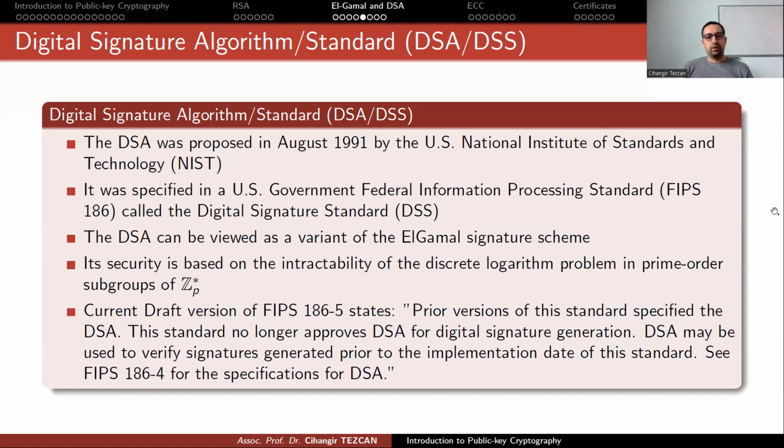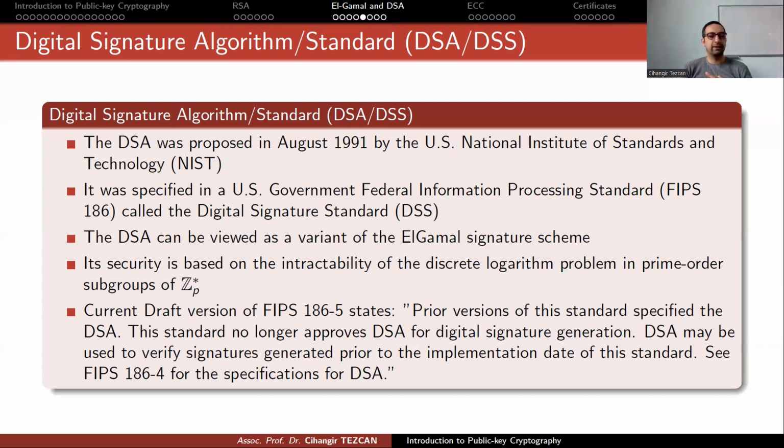So, the current draft version of FIPS 186-5 states, prior versions of this standard specified the DSA. This standard no longer approves DSA for digital signature generation. DSA may be used to verify signatures generated prior to the implementation date of this standard.